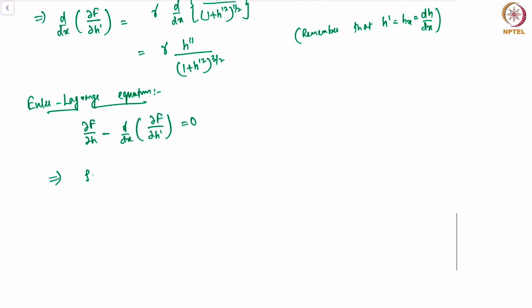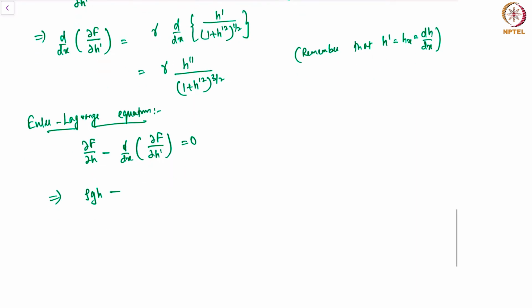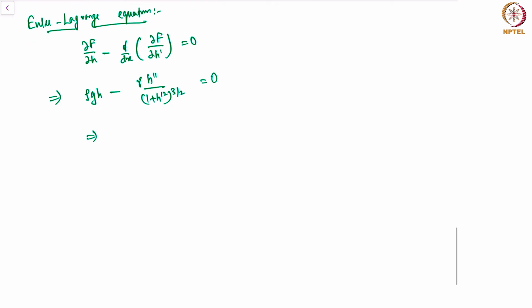That is rho g h minus d by dx of del f by del h prime. That's just right there in front of us. We have gamma h double prime by (1 plus h prime square) whole power 3 by 2. Or in other words, since this quantity is 0, we simply have h double prime by (1 plus h prime square) whole power 3 by 2 is equal to rho g by gamma times h.